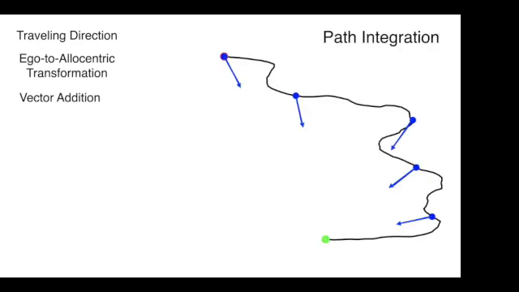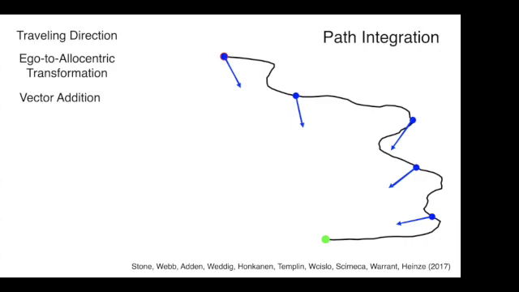And the final thing I want to talk about is path integration. So we've talked about traveling direction. Obviously, that's the relevant direction in an animal that's not moving straight forward. And ego to allocentric transformation, that's what you need to do path integration, vector addition. So we have a lot of the ideas here for path integration. That was really the topic of this paper I mentioned before, in particular the really beautiful theoretical work of Barbara Webb, who built these ideas into a really very complete model of path integration.